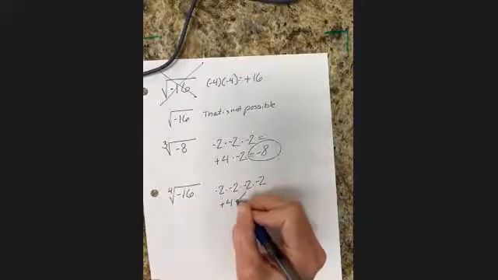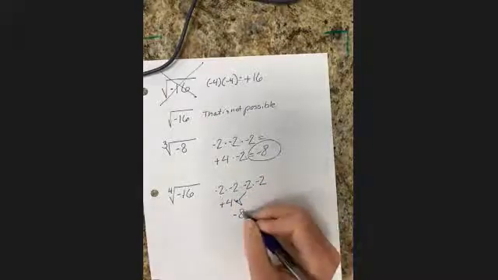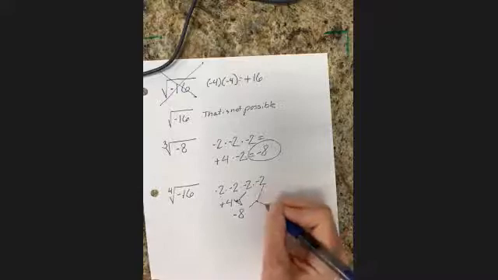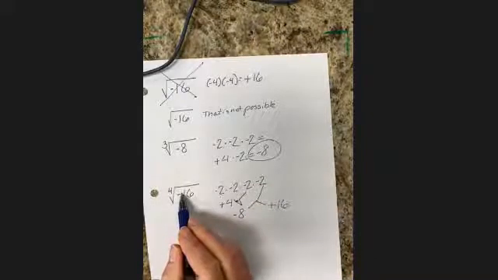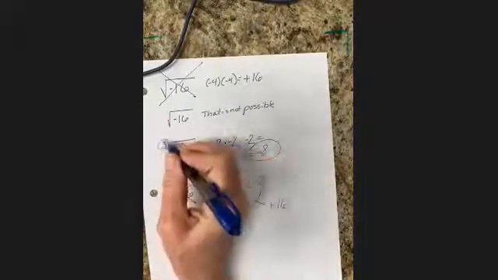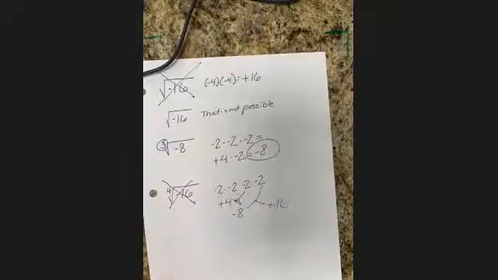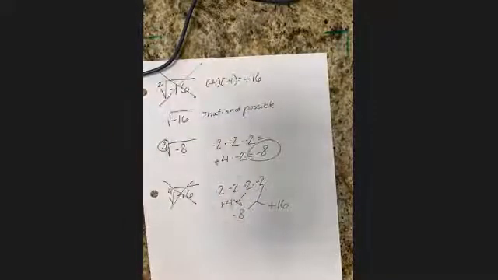Okay, so +4 times -2, that one's going to be -8. And then -8 times -2 is +16. Can we do a 4th root? No. Nope. So you can do odd numbered roots of negative numbers. You cannot do even numbered roots of negative numbers. Okay. Does that make sense?